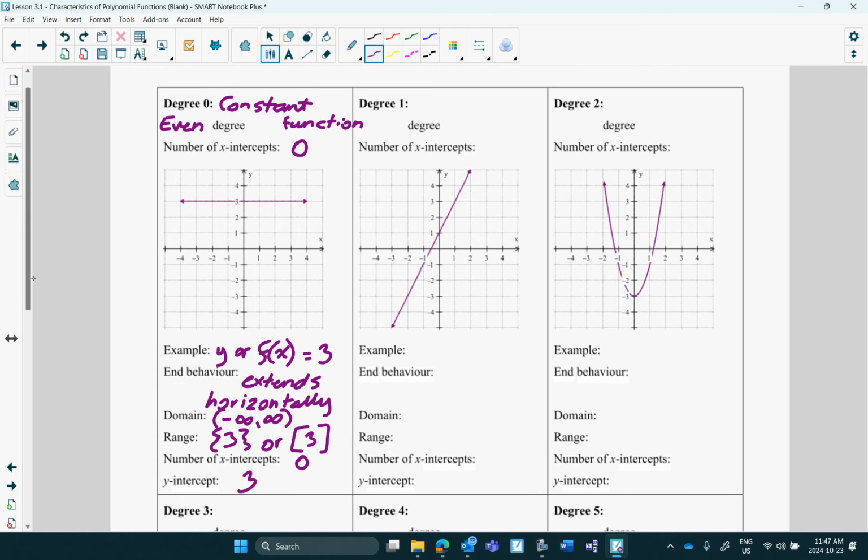Degree 1 is an odd degree, obviously. What do we call this kind of function if its graph is a line? Linear. Linear function.